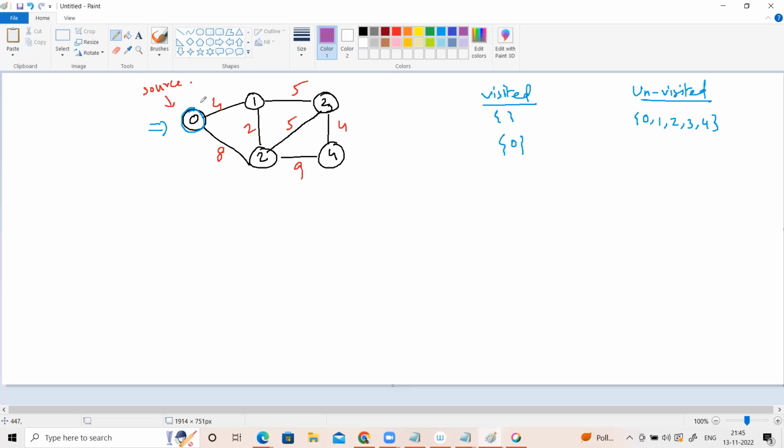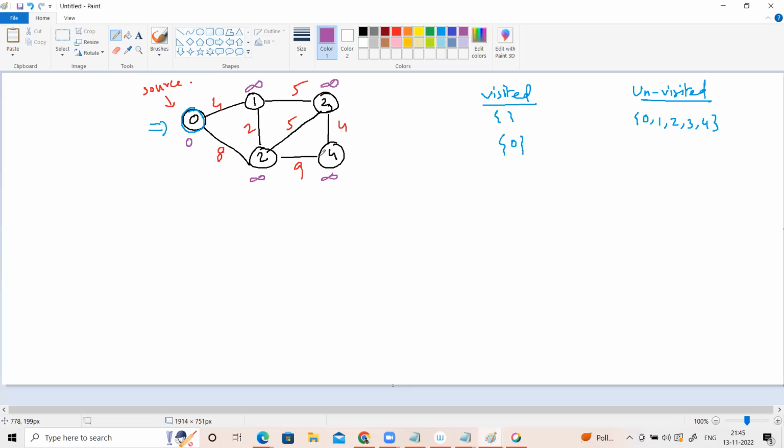Whenever we start this journey, the source has 0 distance, and every node which has not been visited has infinity. So the weight of every other node is infinite.